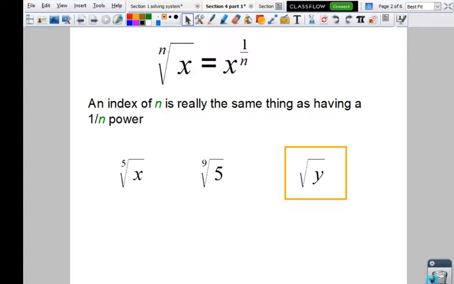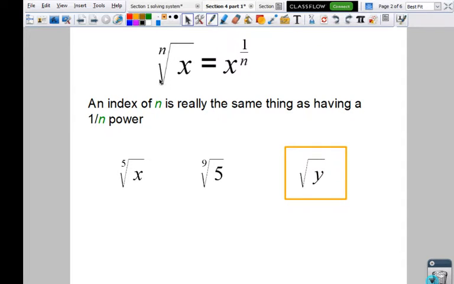So we have worked with radicals this whole chapter, and we are going to still be working with them. But what we haven't really looked at yet is that radicals and exponents that are fractions are actually really related.